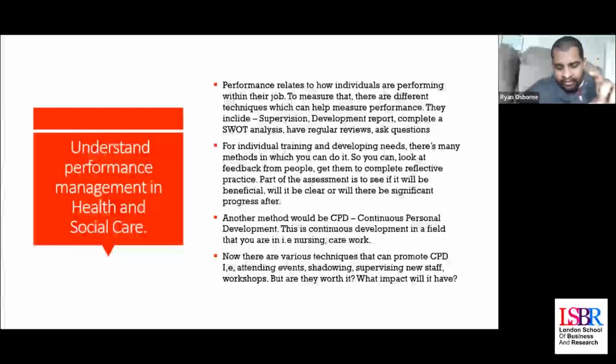Now, for individual training and developing people's needs, there are many methods in which you can do it. So you may look at feedback from people. These people can be service users.